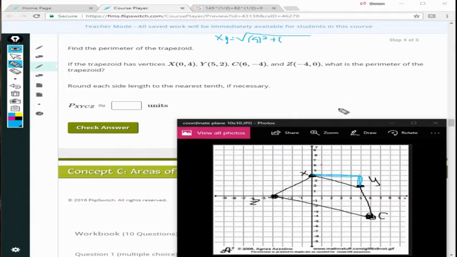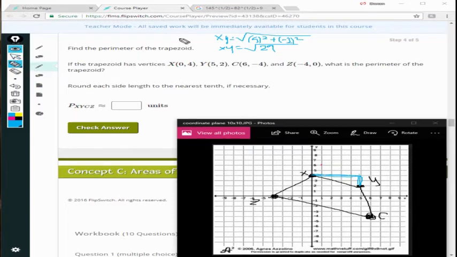So 5 squared plus our vertical distance, which is 1, 2, and it's down, so negative 2 squared. So XY, 5 squared is 25, plus negative 2 squared is 4. So I'm going to have the square root of 25 plus 4, which is the square root of 29.